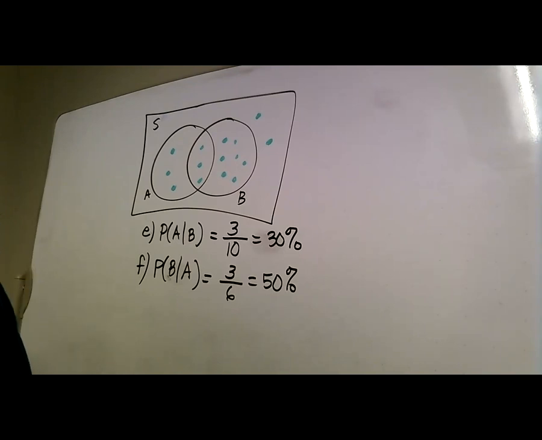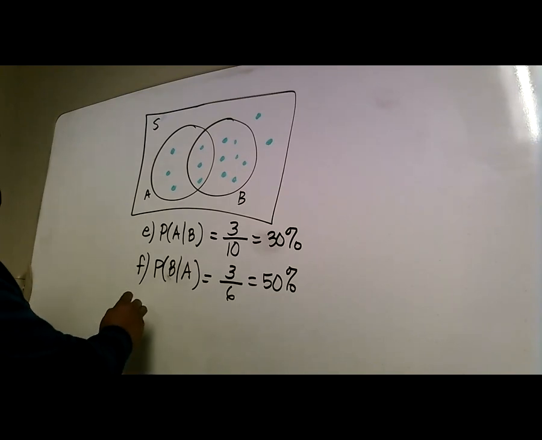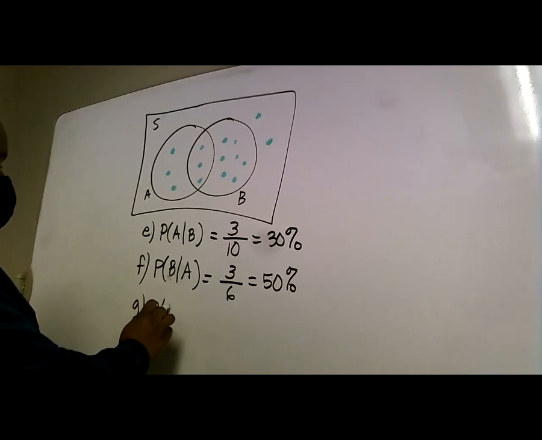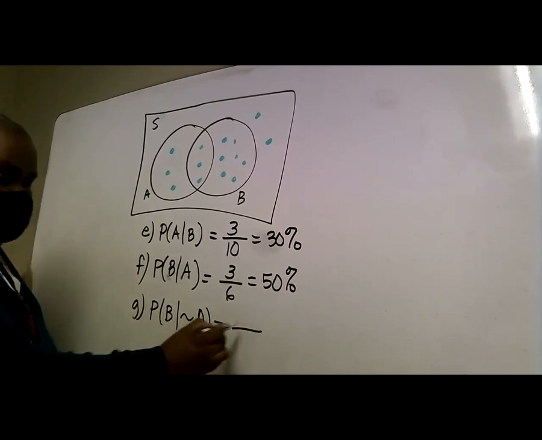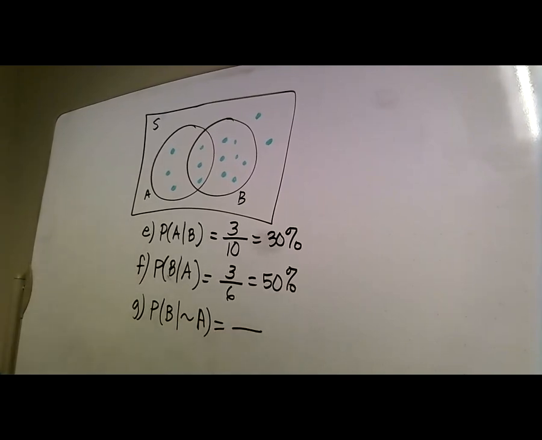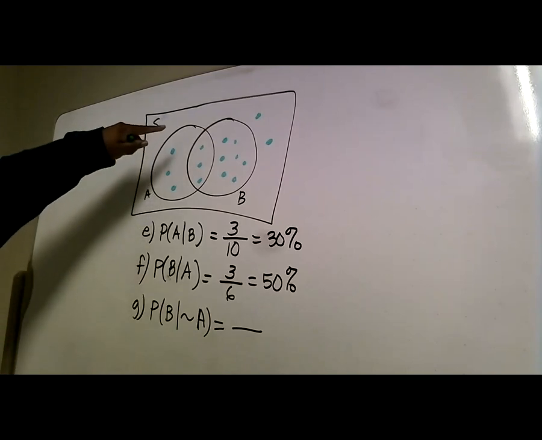Okay. Now let's look at part G, where it says find the probability that event B will occur, given that event A did not occur. So let's say A did not occur.